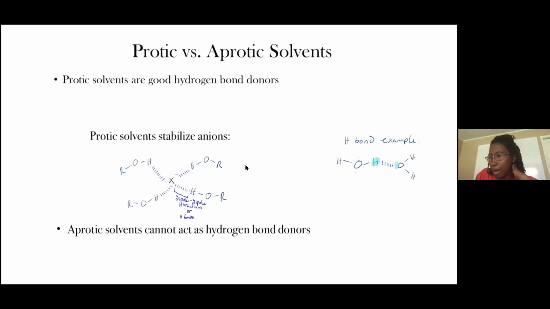The thing to know about this group of solvents is that they have acidic hydrogens, and an acidic hydrogen is a hydrogen connected to any electronegative atom, such as F, O, or N. F, O, and N are the most common examples.